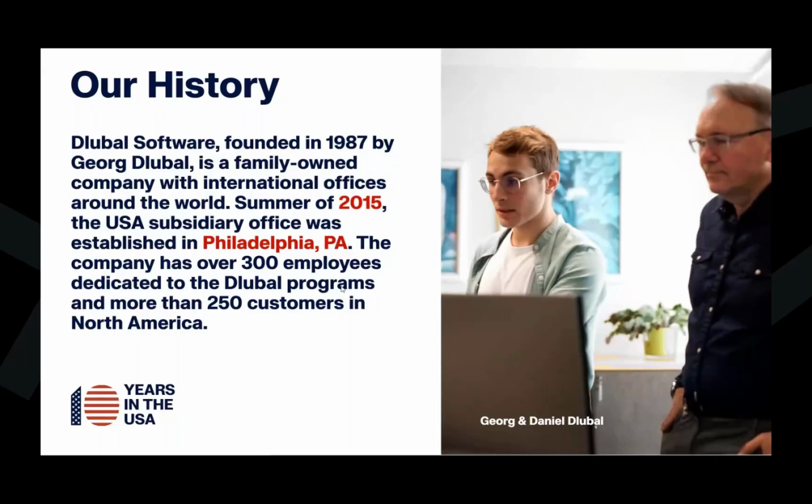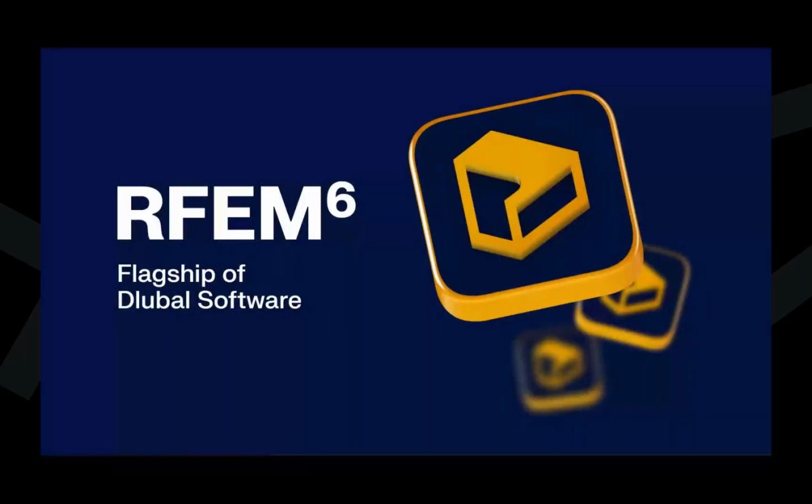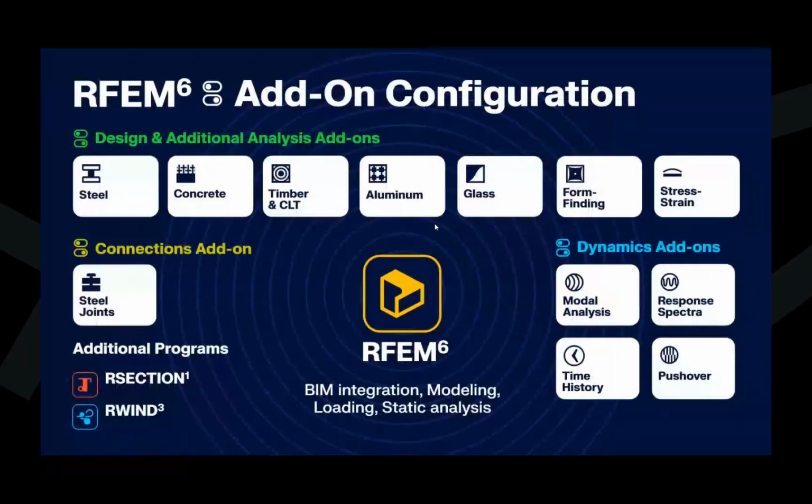So now, moving on to RFEM 6. This is the flagship of the software that we offer. This is our general FEA program, and we'll continue to dive into the details for structural analysis and design. For those of you not familiar with our software, RFEM 6 is the base program.